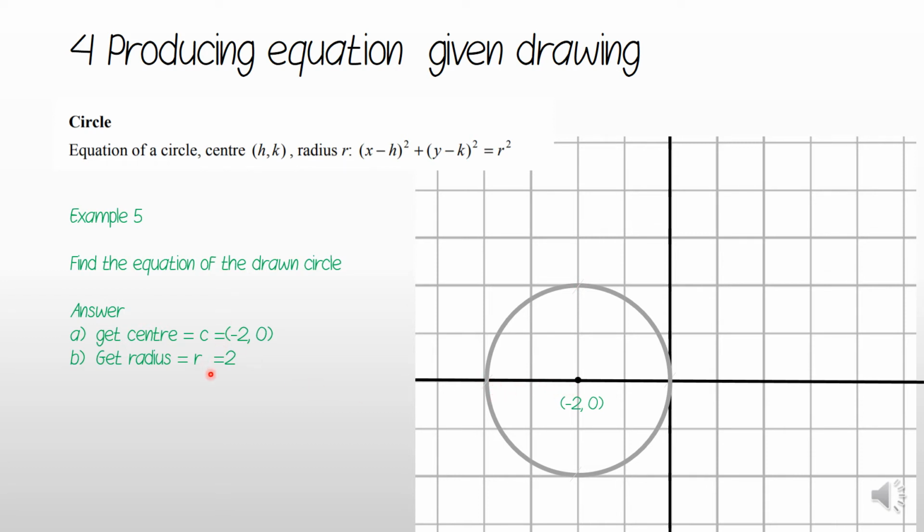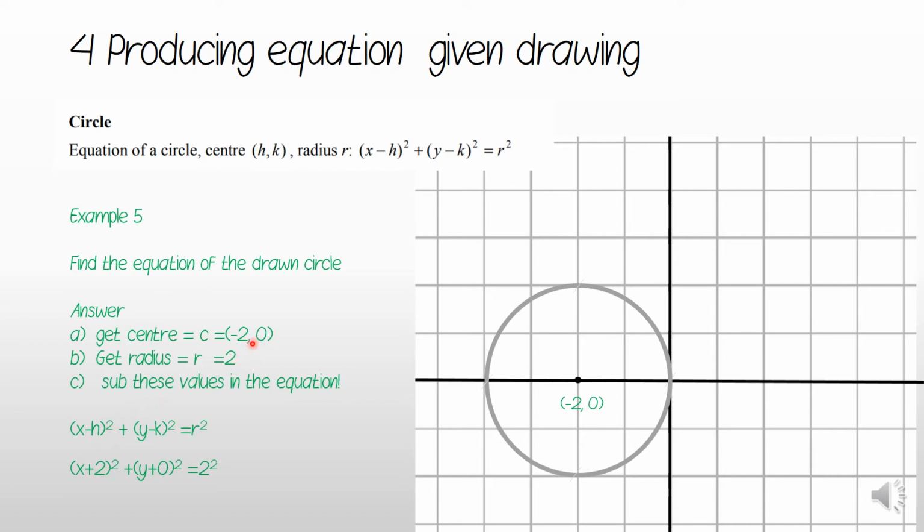So we have the center with the radius. So now we can actually write the equation of the circle by just subbing in those values into the general equation, which you find in the log tables. So let's do that. We sub the values in the equation. So the equation reads (x minus h) squared plus (y minus k) squared equals r squared.